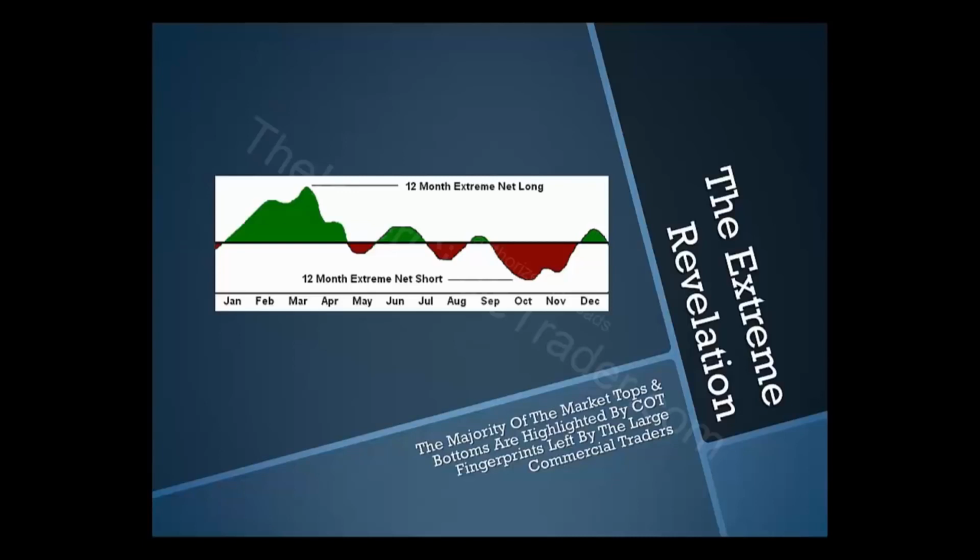They had a net short position in May, and probably what will be considered the previous year in December, they were net short as well. But this is a graphic depiction, okay, not based on any real data. I'm just showing you the concept that in October, this would represent a net short position extreme reading over the last 12 months in October. So there would be a major high or top to be formed in that particular time period.